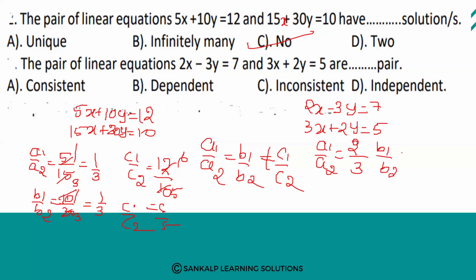B1 divided by B2 is minus 3 divided by 2. That means A1 divided by A2 is not equal to B1 divided by B2, which means the lines are intersecting each other. When lines are intersecting each other, it is a consistent pair, right?